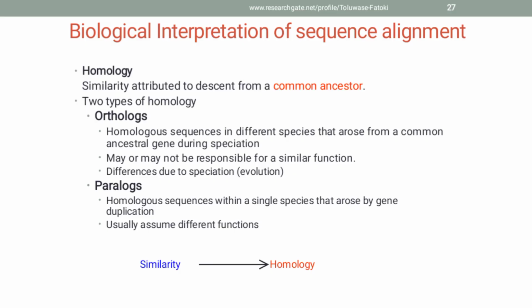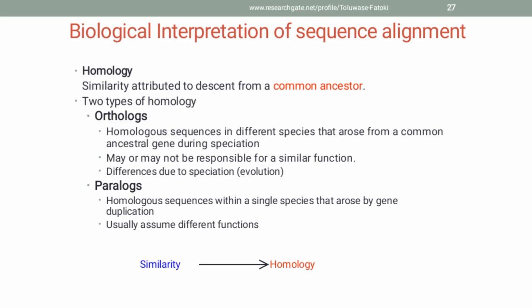Therefore, the paralog: homologous sequences within a single species that arose by gene duplication. Within a species, you have two sets of protein performing the same function, and sometimes they will not perform the same function.